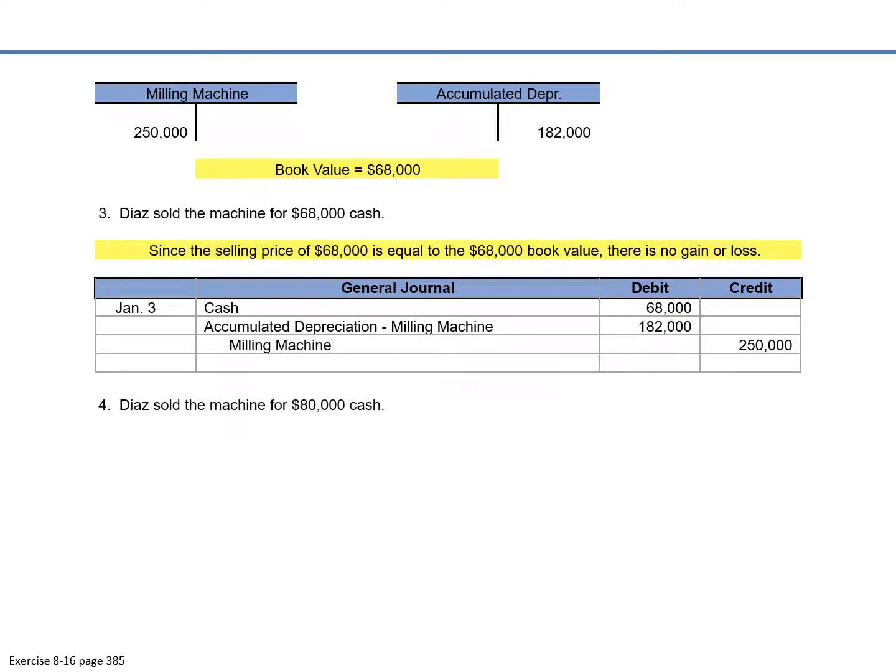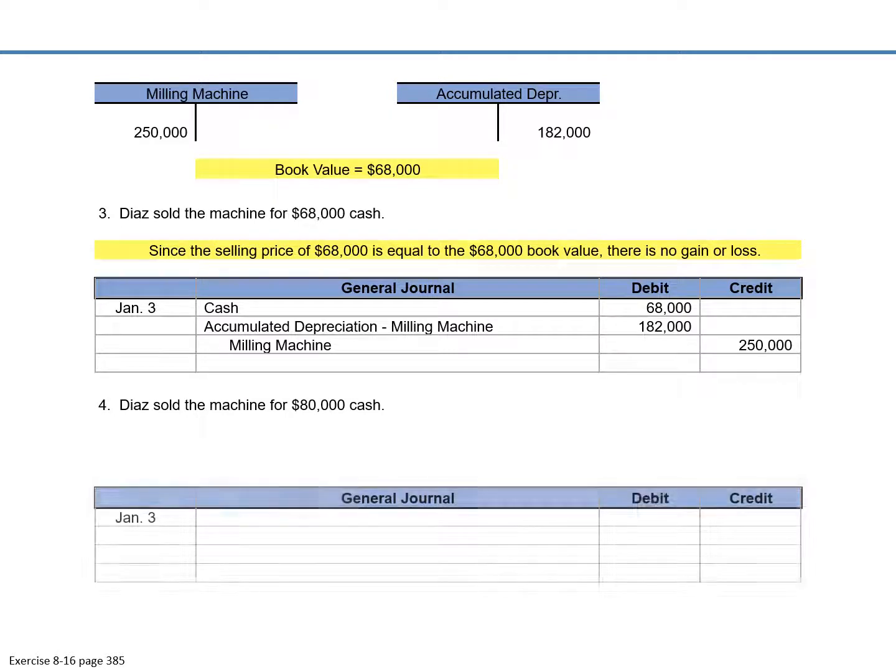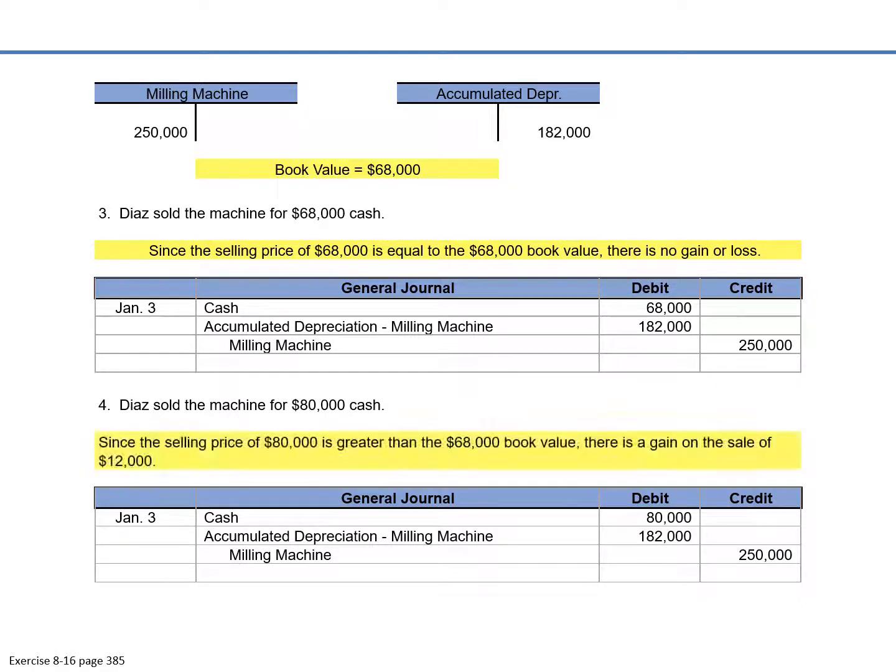All right, and then our last scenario, Diaz sold the machine for $80,000 cash. So we've got a credit to milling machine for $250,000, debit to accumulated depreciation for $182,000, and cash for $80,000. Since the selling price of $80,000 is greater than the $68,000 book value, there's a gain. So we have gain on sale of milling machine for $12,000.